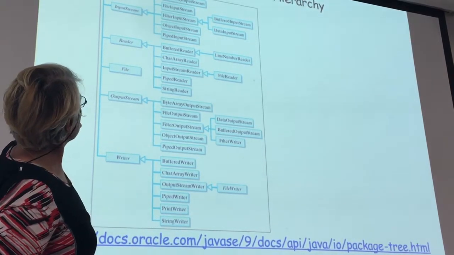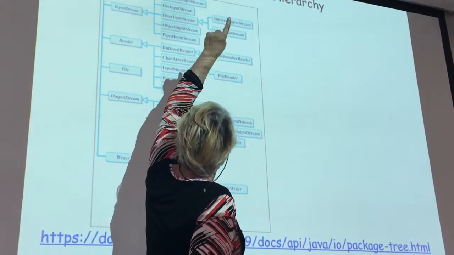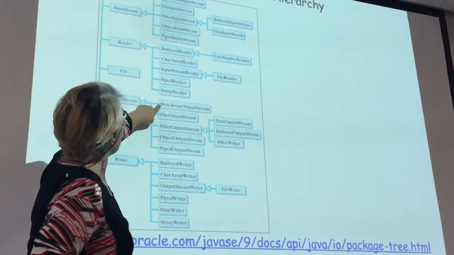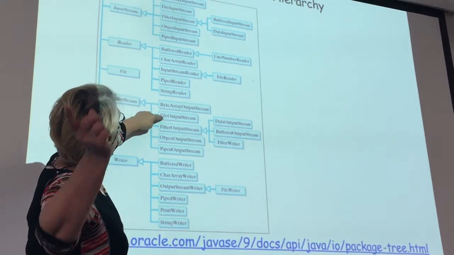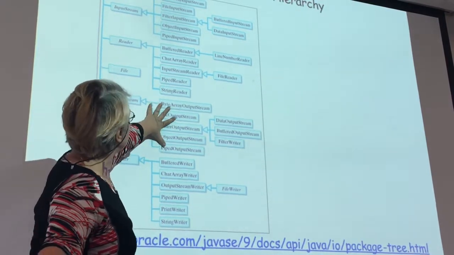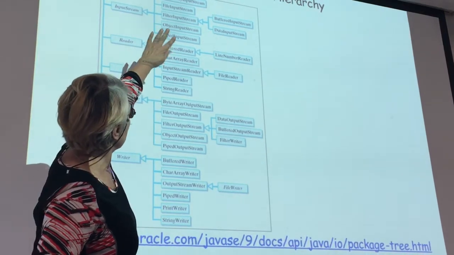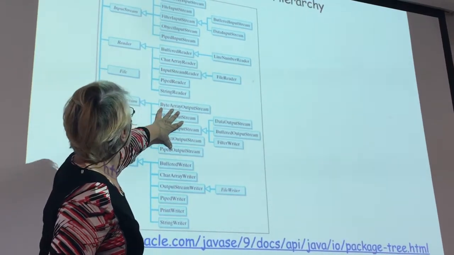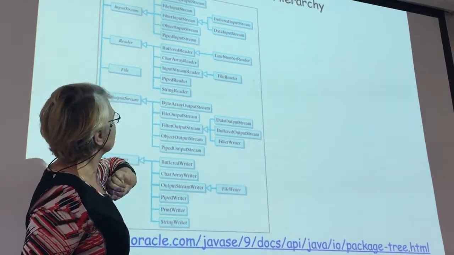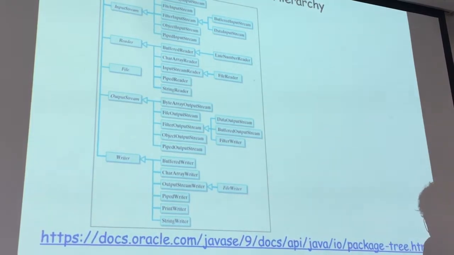After that, from the input stream, we have derived classes, which repeat here: byte array, input or output, file, input, output, filter, object. So you can see these are paralleled for input and output. And then we have buffered data, and from this we have other derived classes.